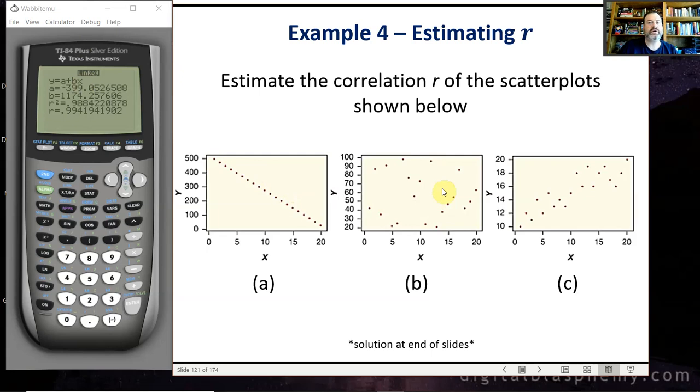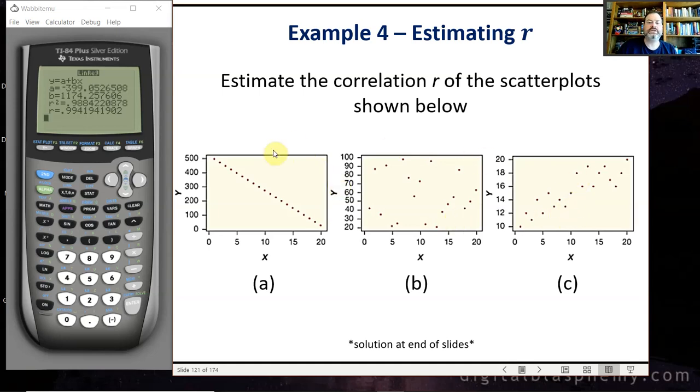When you guys are doing the homework for this, or maybe even on an exam, these are either going to be multiple choice, matching, or write in a number that's close. You don't have to estimate r to 3 decimal places or something. You just got to be close.